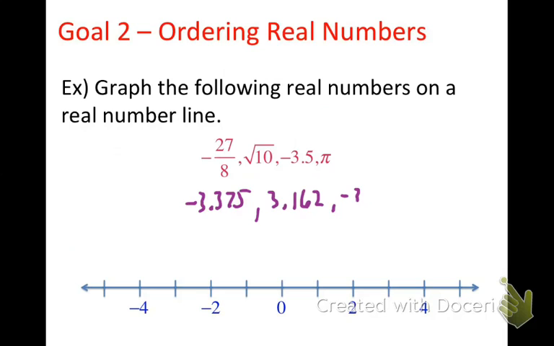Now, negative 3.5, I'm going to write that as negative 3.500 so that it's easier to compare this number and this number that are really close in value. All right? And then, of course, pi is about 3.1415, so really about 3.142.